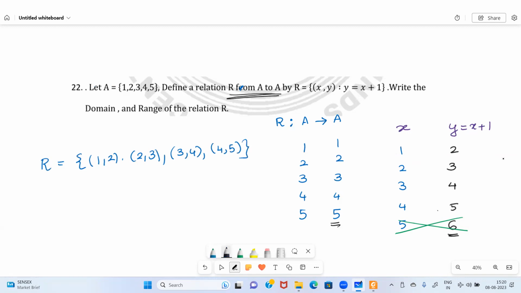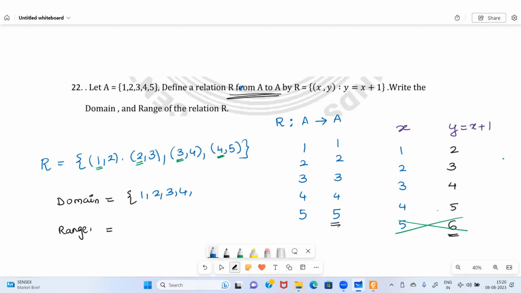Okay, now let's write the domain and let's write the range. As I have told you, the first element in the ordered pair becomes the domain. Of course, in functions, we will also include that if it is defined from A to B, then the entire set A is going to be part of the domain.